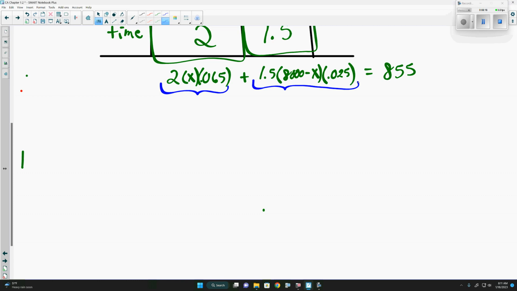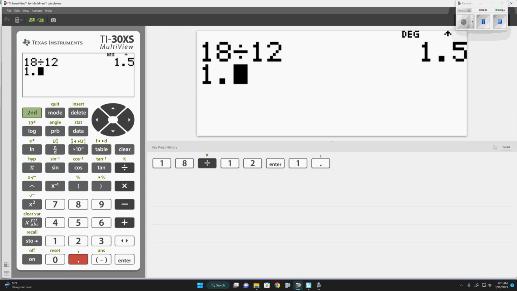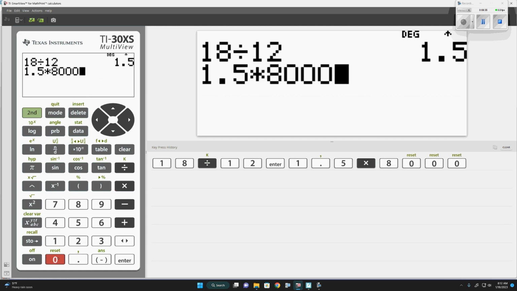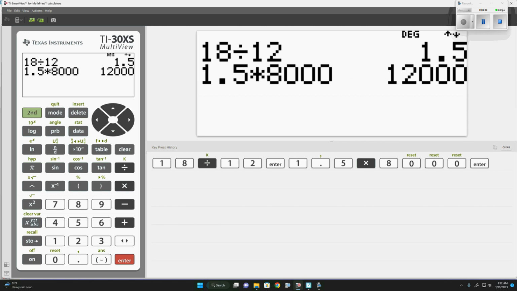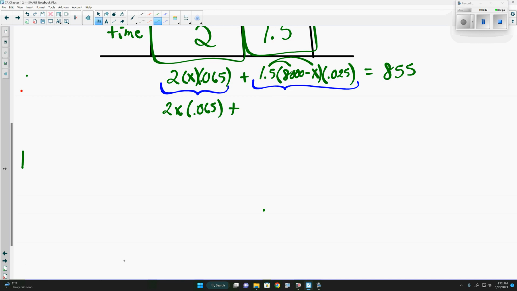Now, the first one's a little bit nice, because 2 times X is just 2X times 0.065. Over here, we can do 1.5 times both of these. Now we can say 1.5 times 8,000 is 12,000, minus 1.5x.